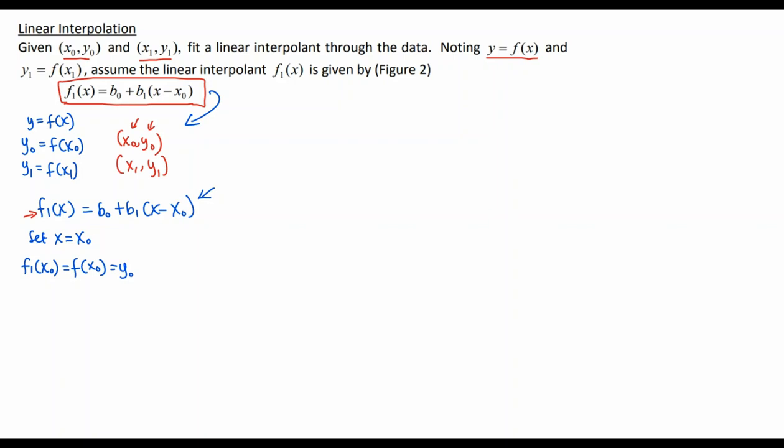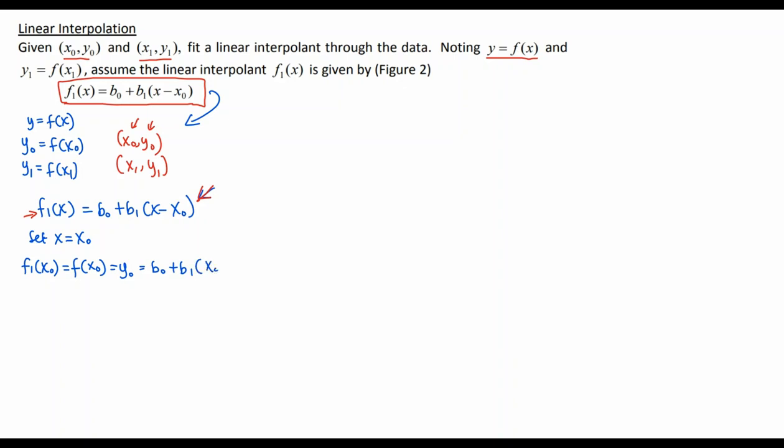So I'll set x equal to x naught in this formula, and I'm expecting to get the corresponding y naught value. So I have f1 of x naught, which should be the same as f of x naught, which is equal to y naught, and that should be equal to b naught plus b1, and then bracket open, our x is now x naught.